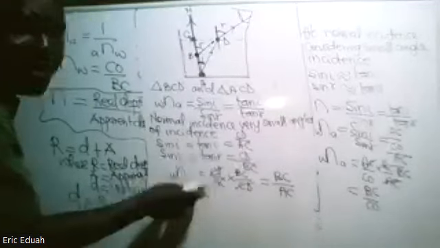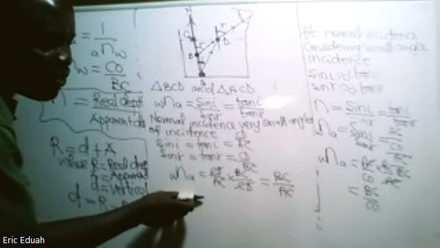BC over AC. But you see, what is this? This is the refractive index of light from water to air. But we will want to express this in absolute terms, and that will be from air to water.